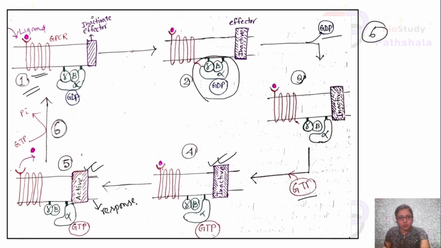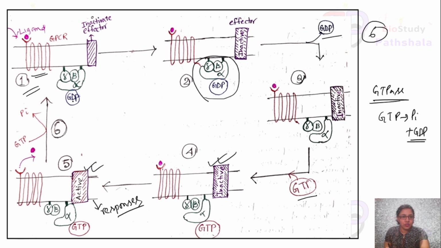After these responses, this alpha subunit shows its GTPase activity, and after showing this GTPase activity, this GTP hydrolyzes to form one molecule of inorganic phosphate and GDP. This GDP bound state of the alpha subunit again becomes inactivated and reassociates with the beta and gamma subunits to form the inactive G protein again. So that is how the G protein coupled receptor actually works.